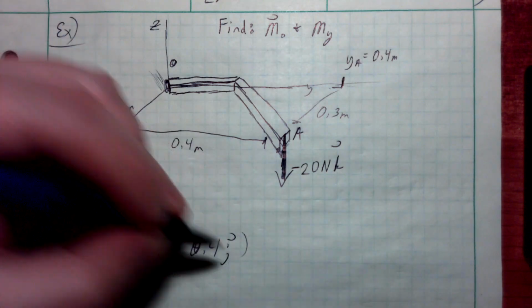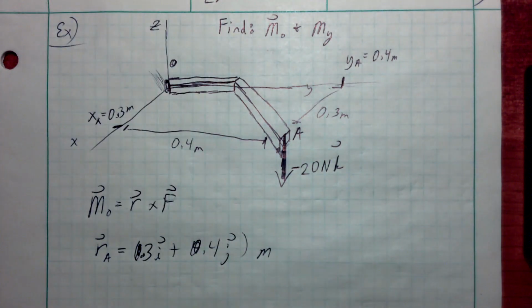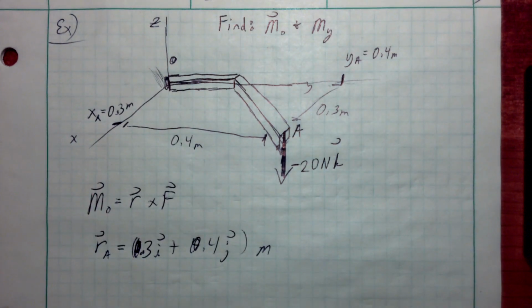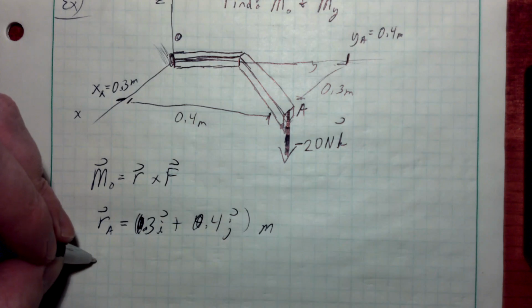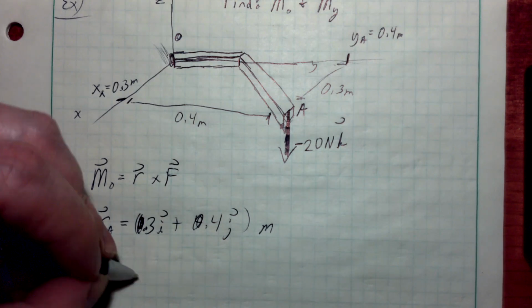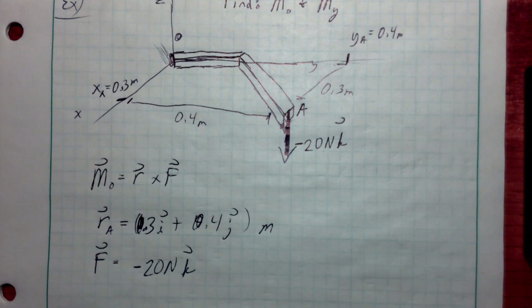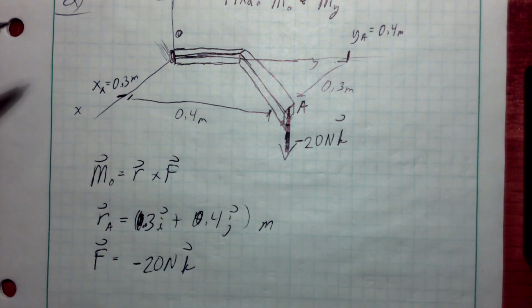There's no k component, it's just in the xy plane, and these are both meters. So that's going to be my position vector. My force vector, which we've already written out here, is minus 20 newtons in the z direction. And I need to cross these two vectors together.